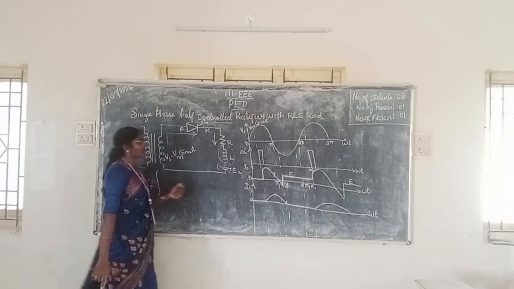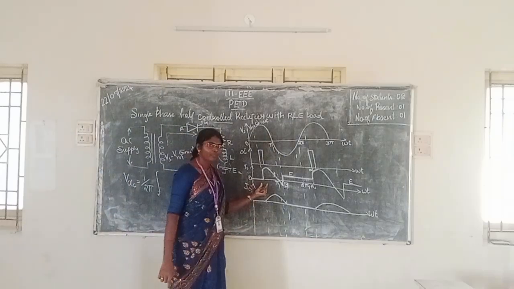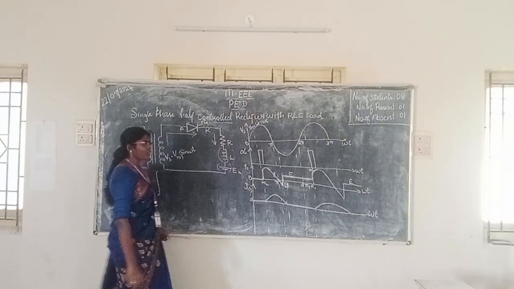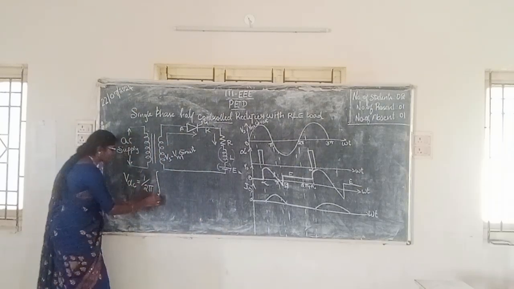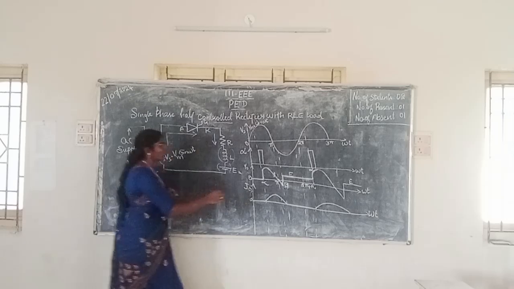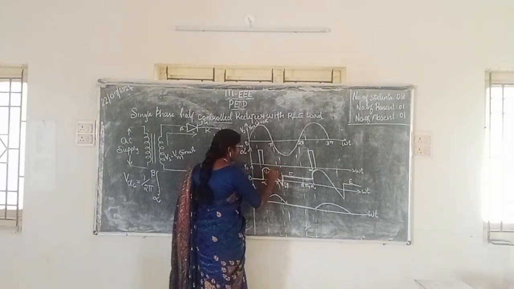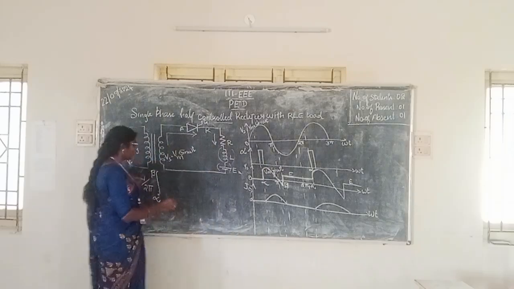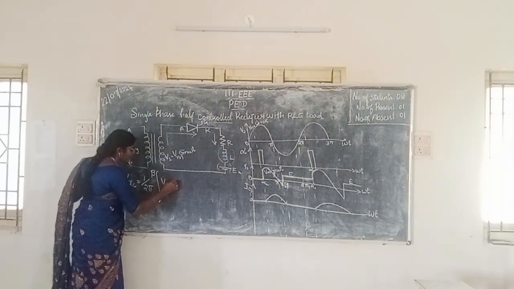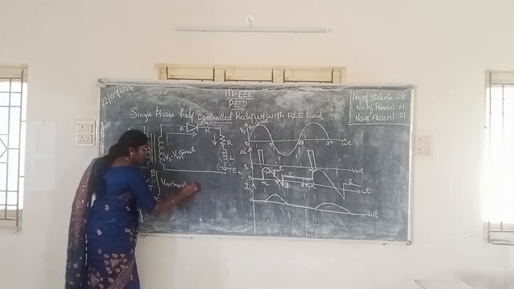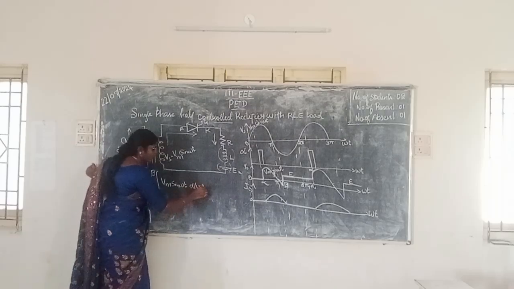Conduction starts from alpha, so it is happening from alpha to beta. From alpha to beta, what voltage is here? Vm sin omega t alone, right? So that is the integral of Vm sin omega t d omega t.